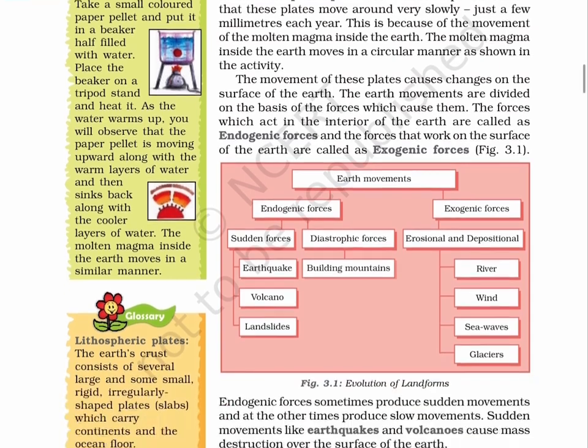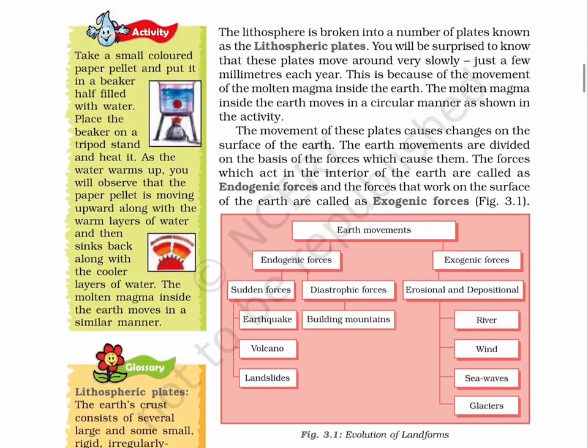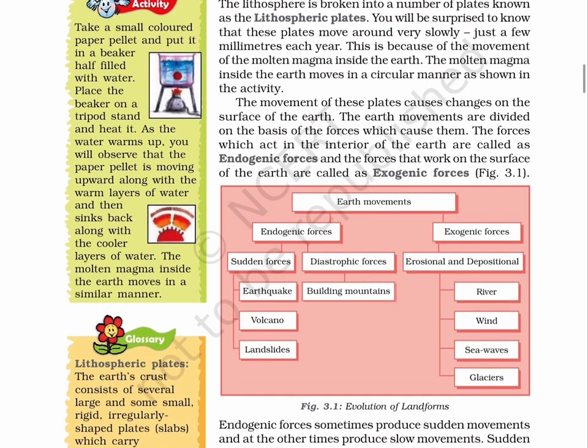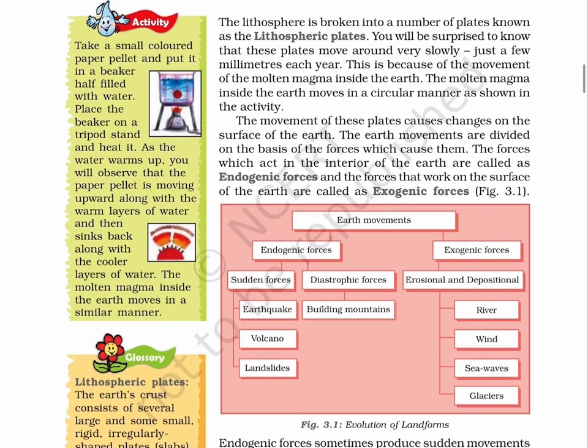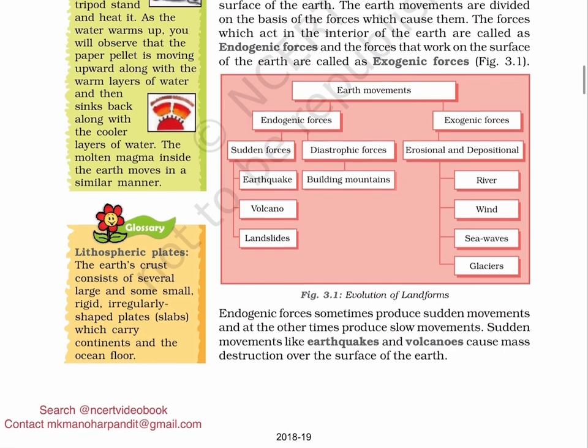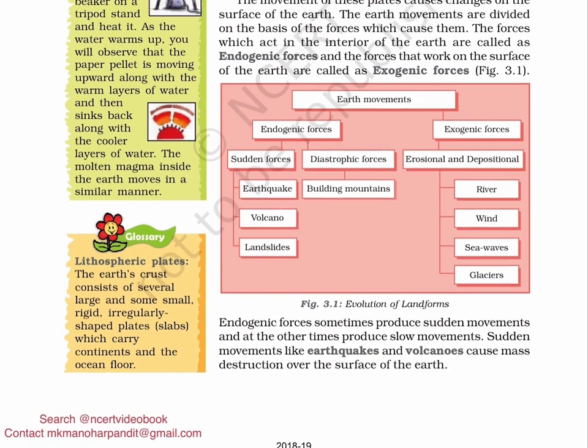We have two tiny pictures within this box of activity in which a beaker half filled with water is shown on a tripod stand and is being heated. Also, we see the paper pellet moving upward along with the warm layers of water and then sinking back along with the cooler layers.